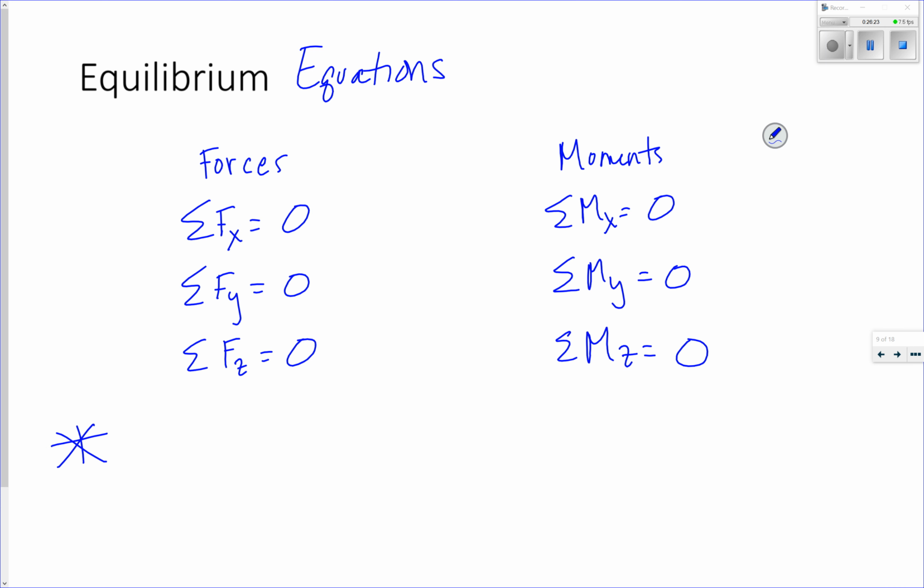If a structure is made of multiple parts, such as multiple columns, multiple beams, multiple braces, different truss members, if there's a joint separating something into more than one part, these equations apply.